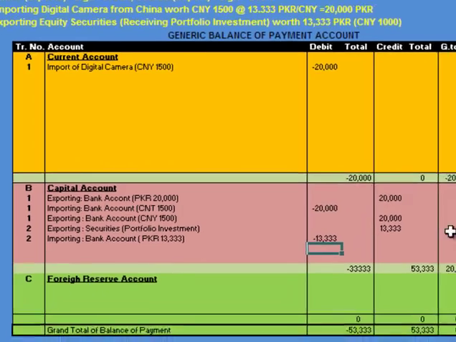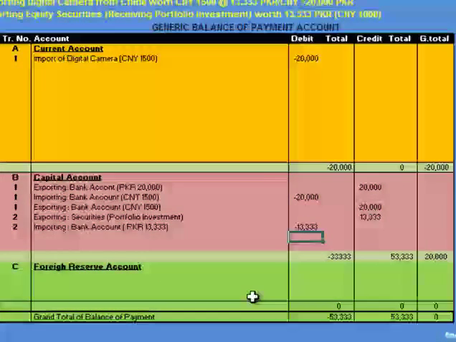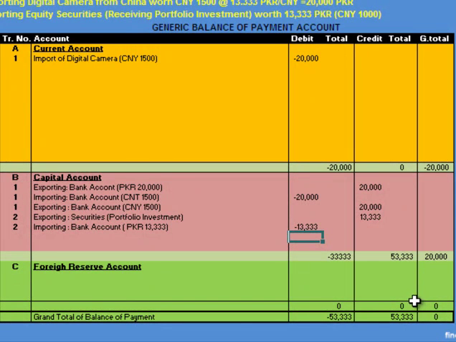Now again observe the balance in balance of payment account. In current account again we have a deficit of 20,000. In capital account we have a surplus of 20,000. There is no transaction in foreign reserve account, and the total of debit entries is 53,333, and total of credit entries is also 53,333.